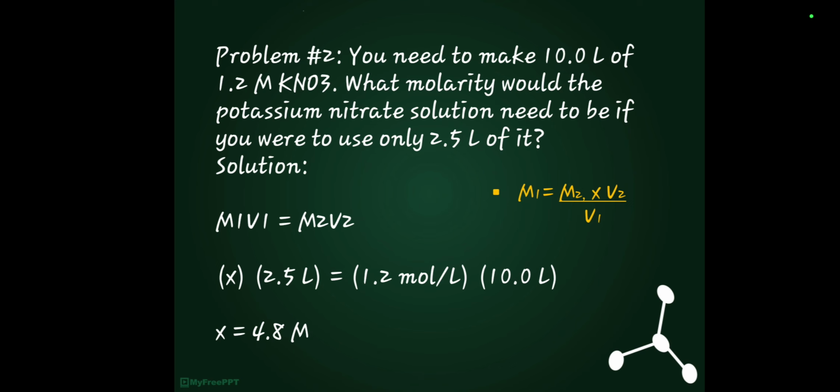So 12 divided by 2.5 is equal to 4.8. So the molarity of the concentrated solution is 4.8 M, because molarity 1 is the unknown. So molarity 1 is equal to 4.8 M.